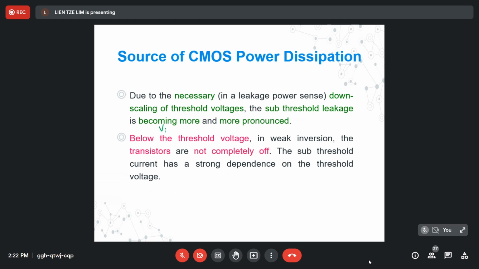So this is the condition where the input voltage is below the threshold voltage. In real cases, transistors are not completely off, and this will cause static power dissipation.